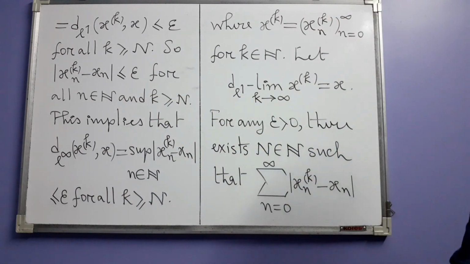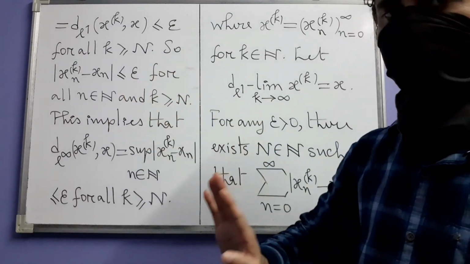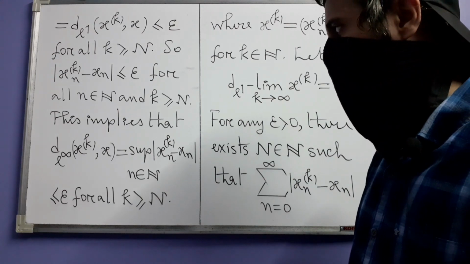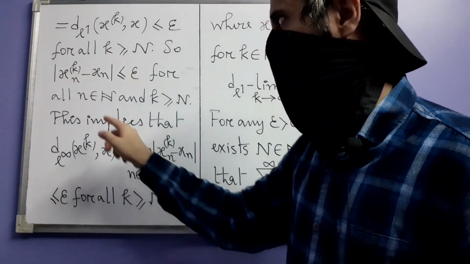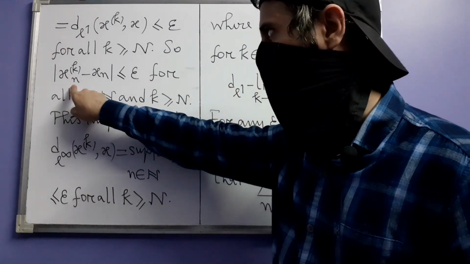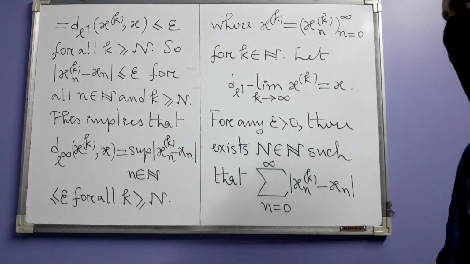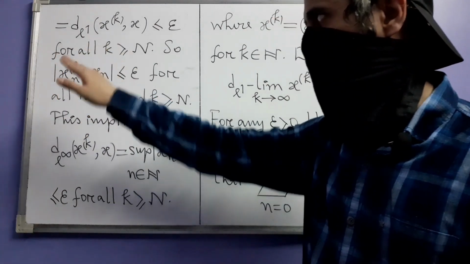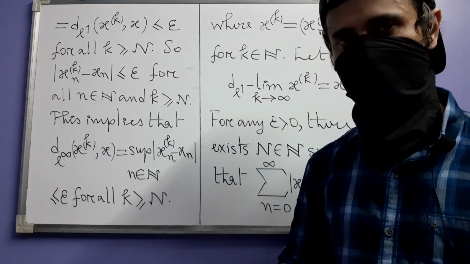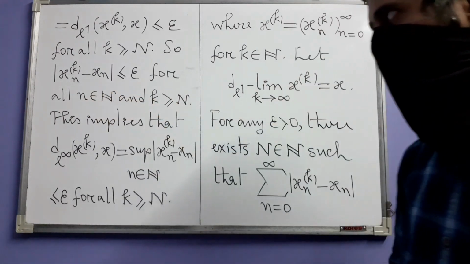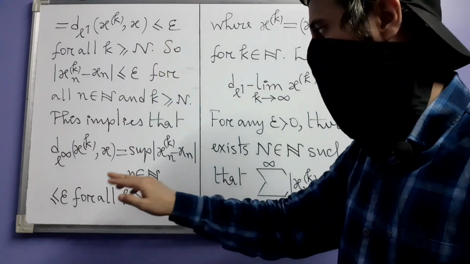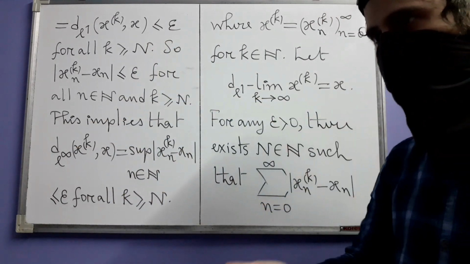But then what does that imply? Say you fix k for a moment. k is greater than or equal to N, but you choose a specific k. And you think of these terms. These inequalities are true for that specific k and all n. So the supremum of this set of real numbers, set I am saying because n is varying, will also be less than or equal to epsilon. Epsilon is an upper bound for that set, and the supremum by definition is the least upper bound.